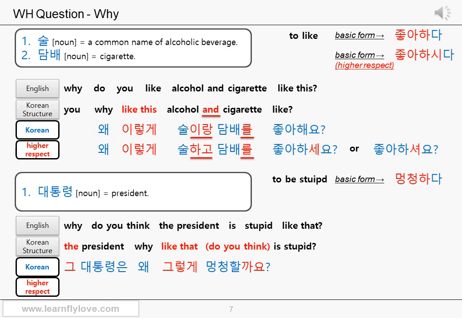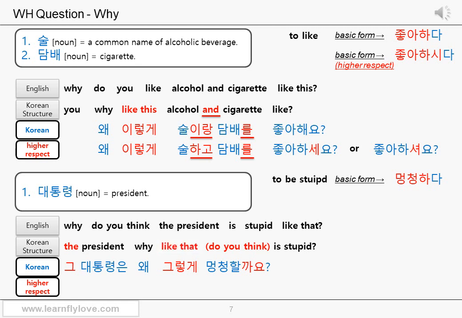Okay, let's take a look at the next sentence. Why do you think the president is stupid like that? Stupid like that here means so stupid, or literally stupid like that. Now you understand the meaning of like this or like that in a sentence, right? Let's reposition the words. The president is the subject of the sentence. So the president comes first, and then needless to say, why comes right after it.